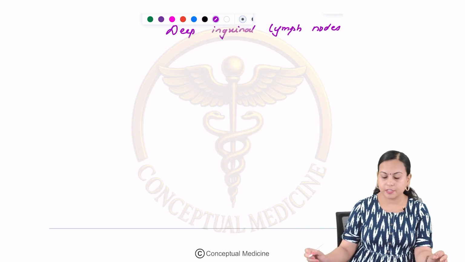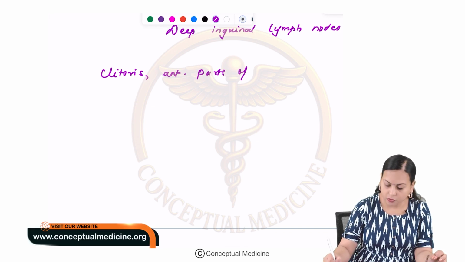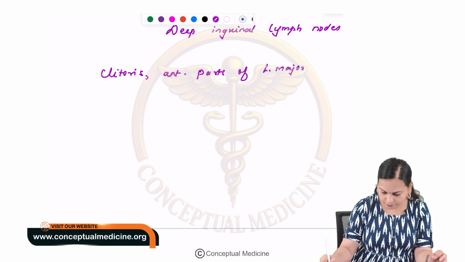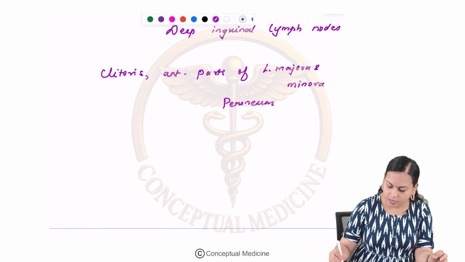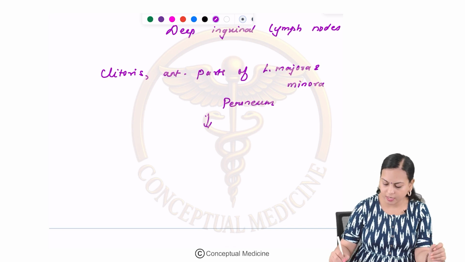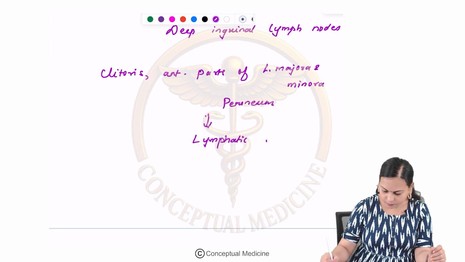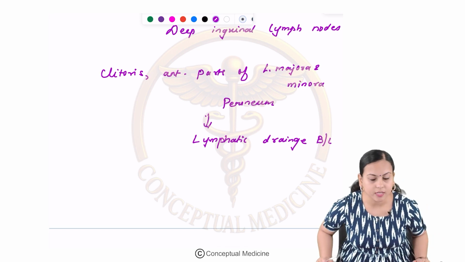And one important point is here, the clitoris, the anterior parts of both the labia majora and minora, and also the perineum. Okay, so these parts, especially the midline parts, will be having lymphatic drainage bilaterally. Okay, so that is they can drain into both the sides of the lymph nodes.